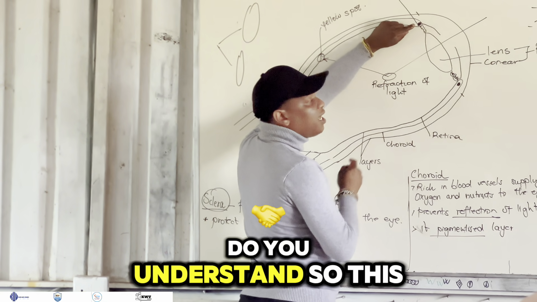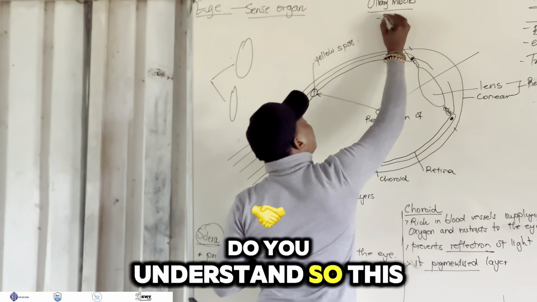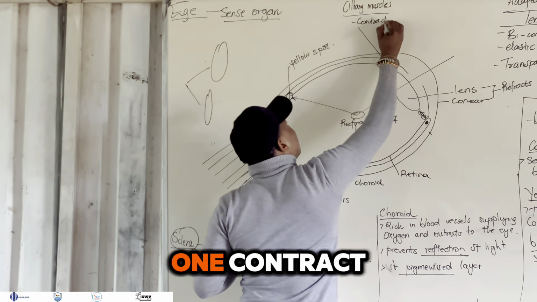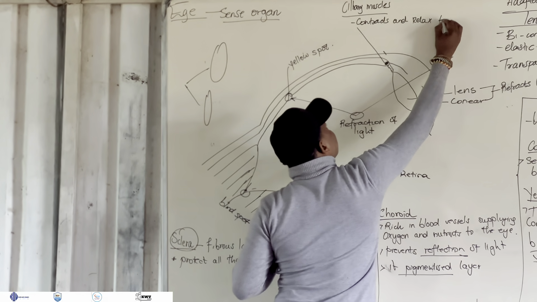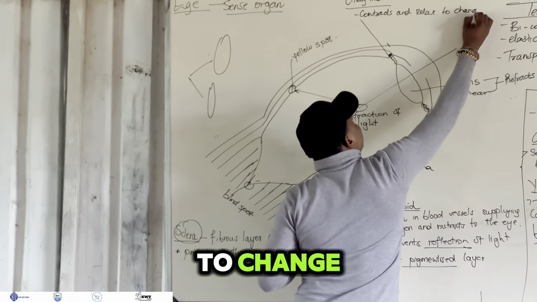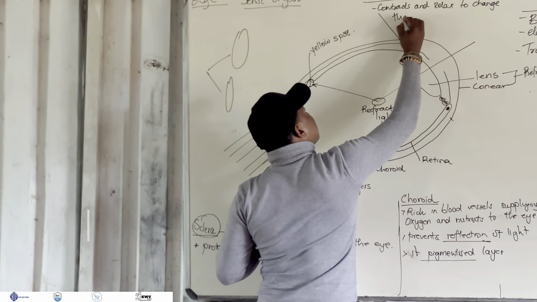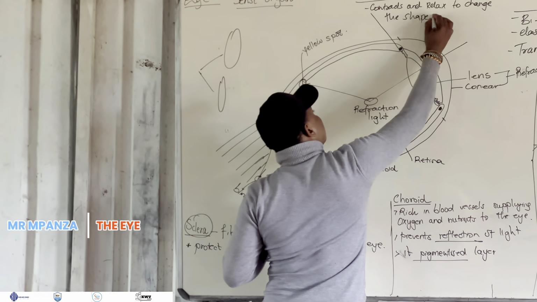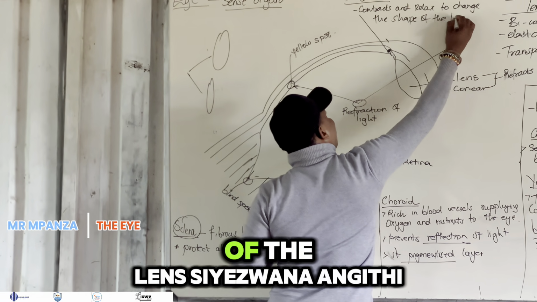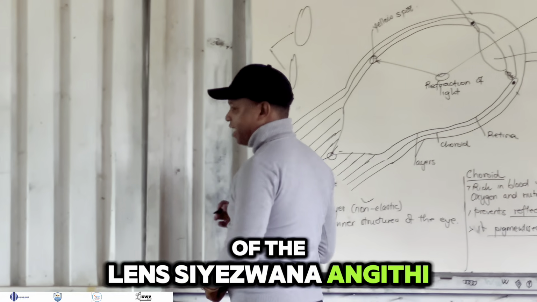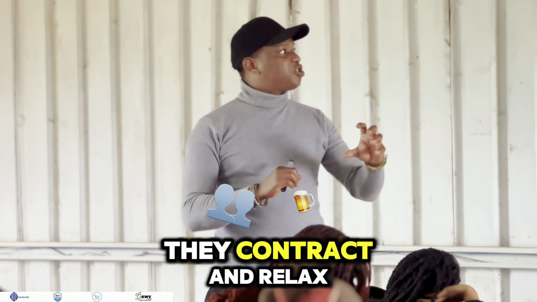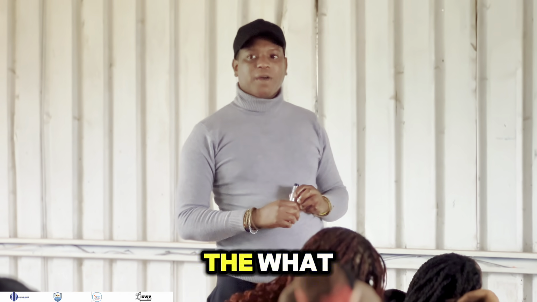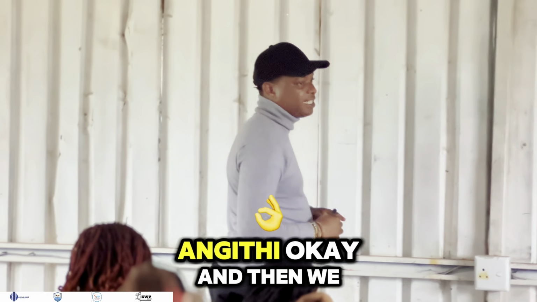So the ciliary muscles contract and relax to change the shape of the lens.